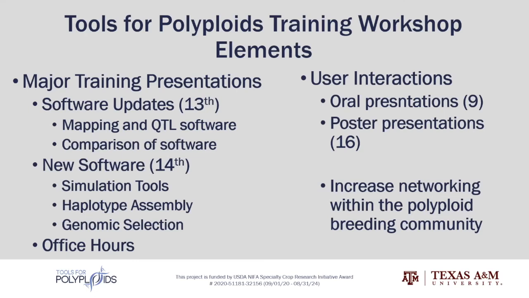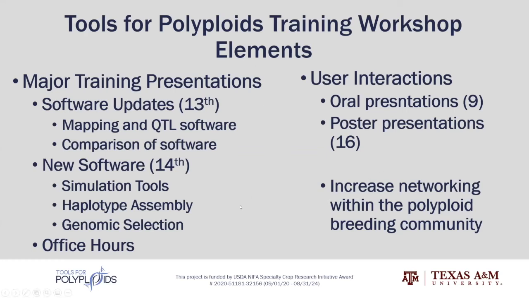And then tomorrow we'll talk about newer software, introduce you to simulation tools, haplotype assembly using sequencing data, and genomic selection. Of course, throughout this, we always have time so you can ask the presenters questions that you may have.